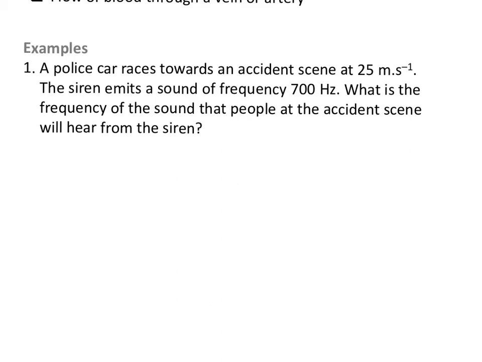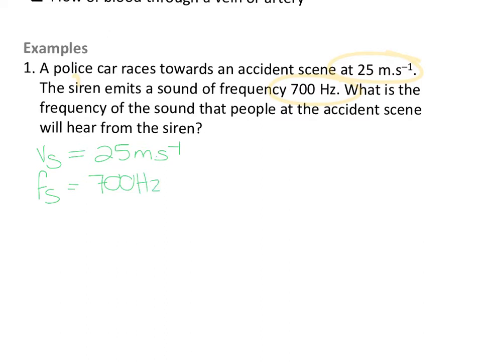The important thing in our examples is to work out what information goes where. So, a police car races towards an accident scene at 25 meters per second. The siren of the police car emits a sound of 700 hertz. So straight away what we're being told is that the source is moving at 25 meters per second, and the source is emitting a frequency of 700 hertz.